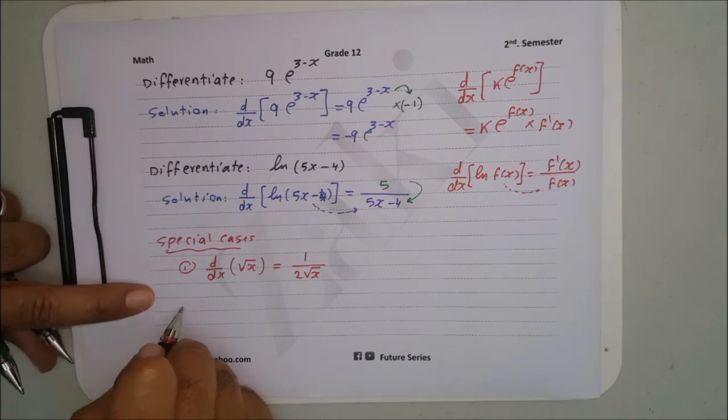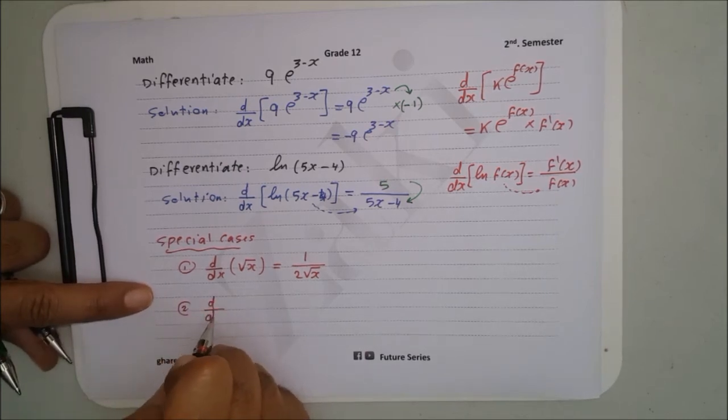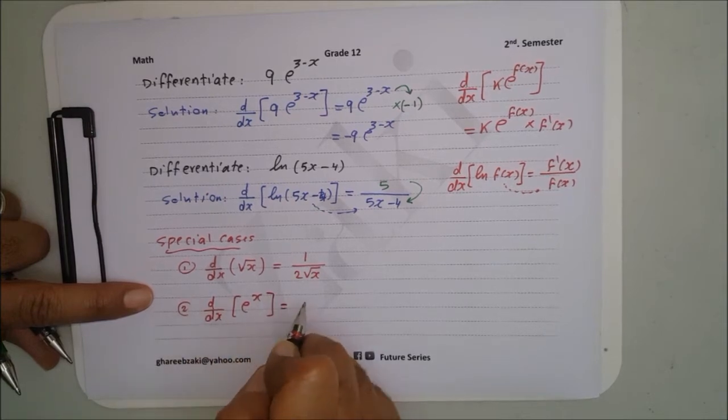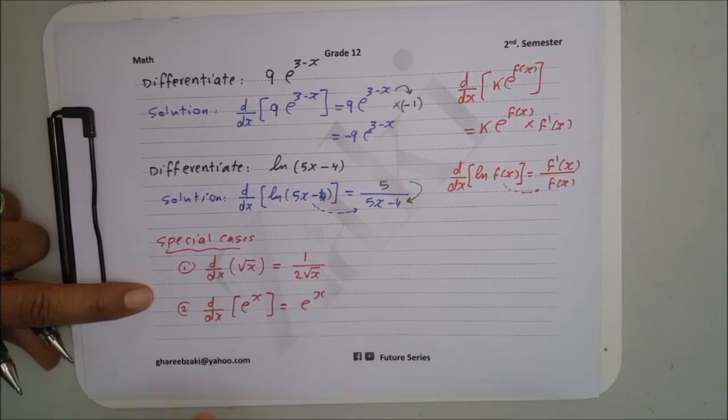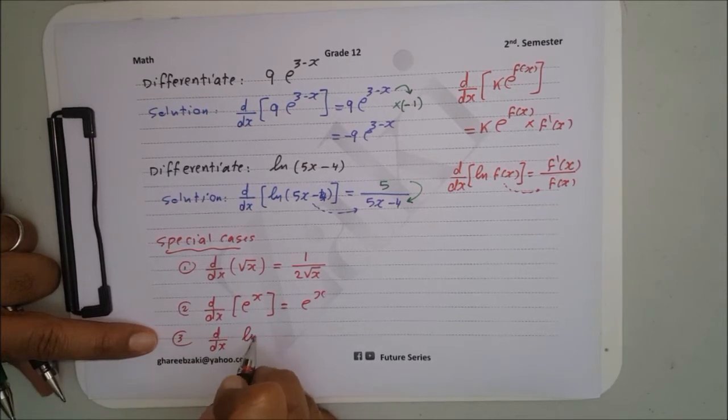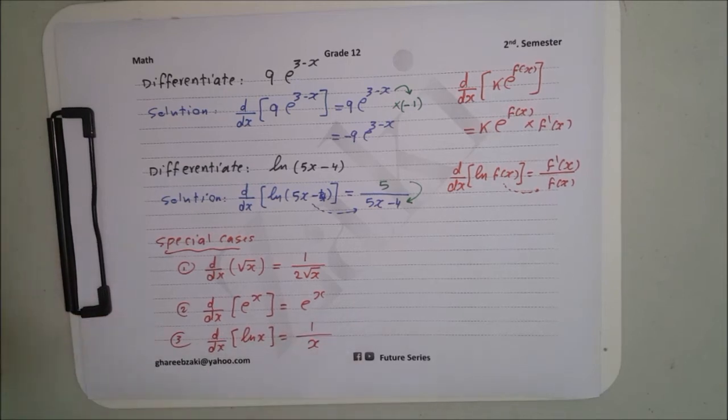The second special case, d by dx of e power x, which is e power x. The third case is d by dx of ln x, it's 1 over x.